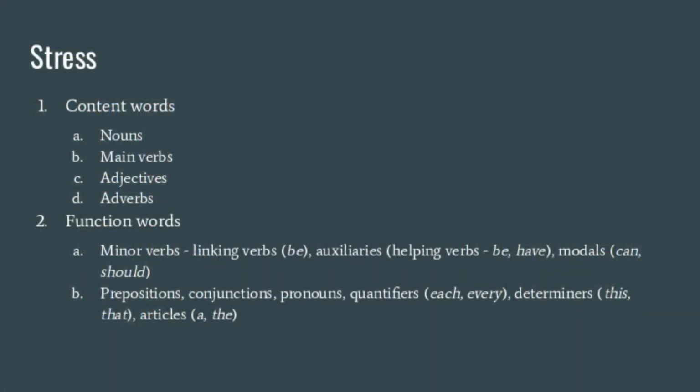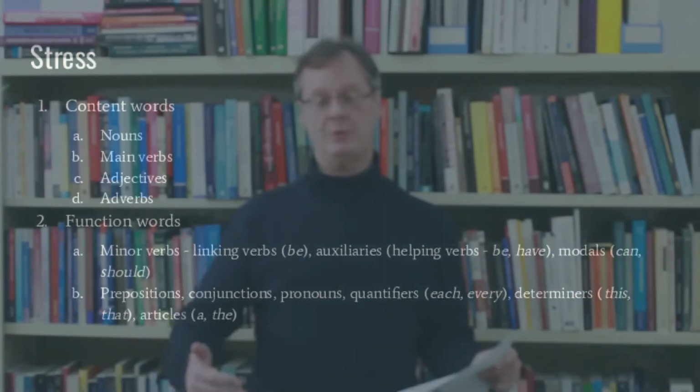Stress is more clear on content words, and it's lighter on function words, minor words. So content words, the important words of sentences, nouns, verbs, adjectives, maybe adverbs, have clear stress patterns. Those need to be pronounced clearly.